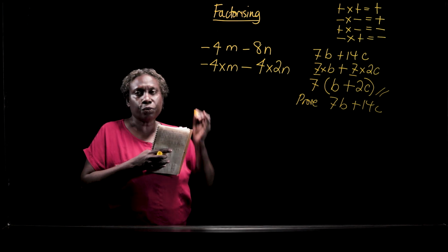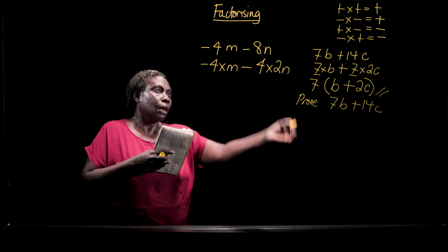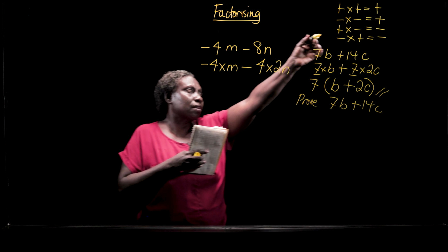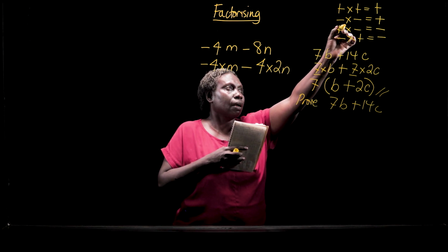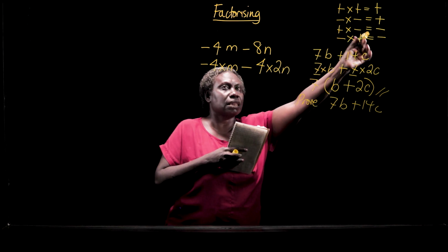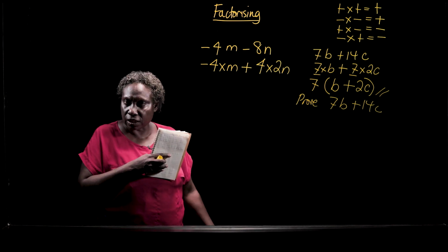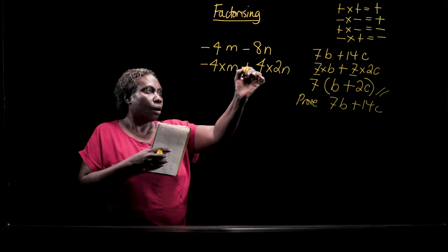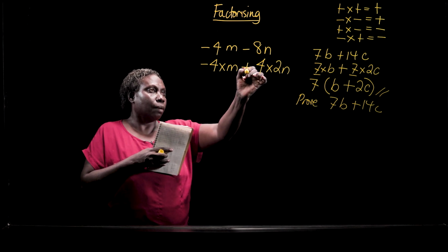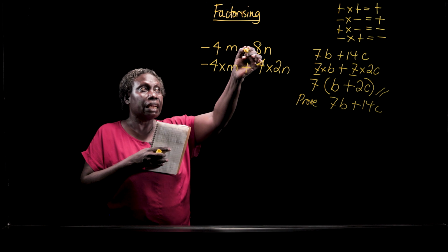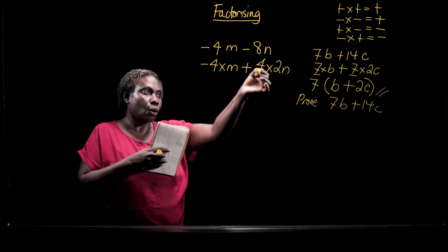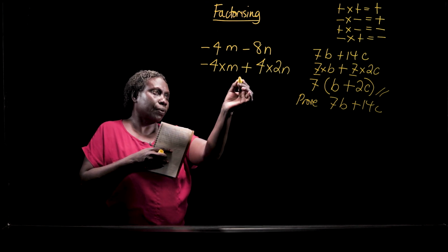Now, how do we factorize this? We know from this, positive times negative gives us negative. So, this has to be positive because positive times negative will give us negative 8n. So, we now have to factorize this.